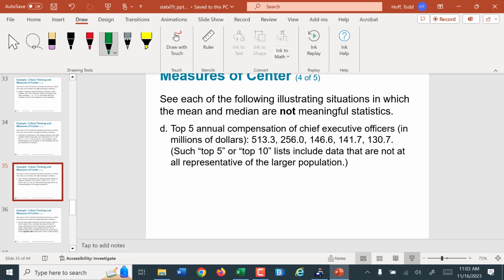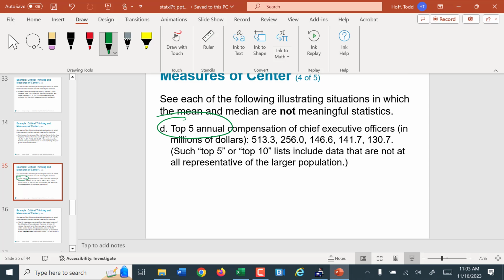So here we're looking at the compensation of chief executive officers. Really the top 5, the compensation for the top 5 chief executive officers. Well, here you're saying, well, hey, those are numbers we can calculate with. And that's absolutely true. Those are numbers that we would calculate with. Even though they are numbers we would calculate with, it does not make sense to find a mean or a median of those because it's the top 5.